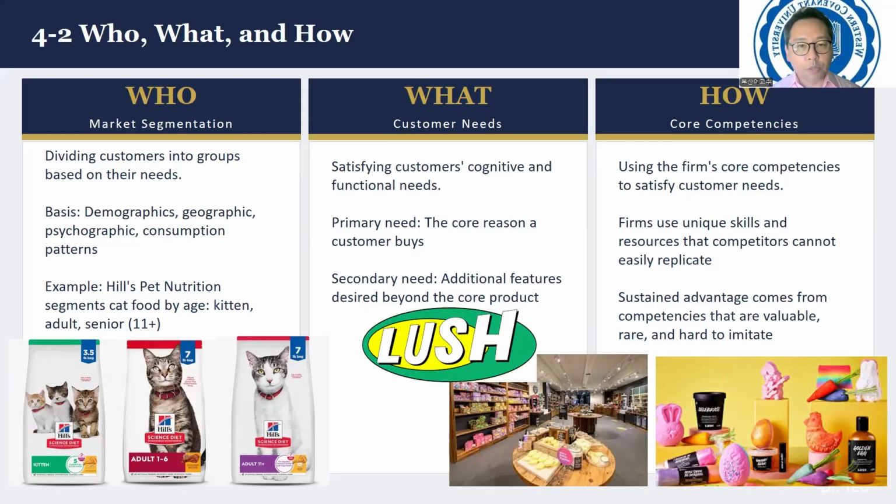Reusable containers and package-free products are a great example of Lush's design competency. Because of these strengths, Lush satisfies customers not only with product function, but also with beauty, experience, and sustainability. These three questions set the stage for the actual strategic choices we'll examine next.